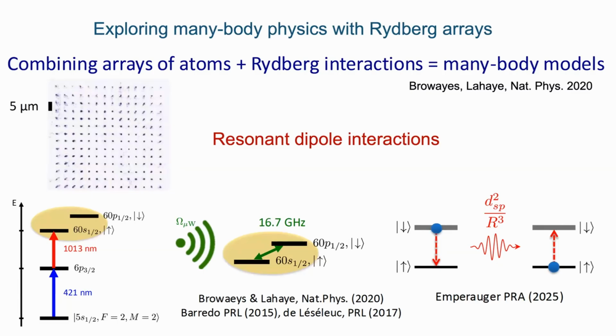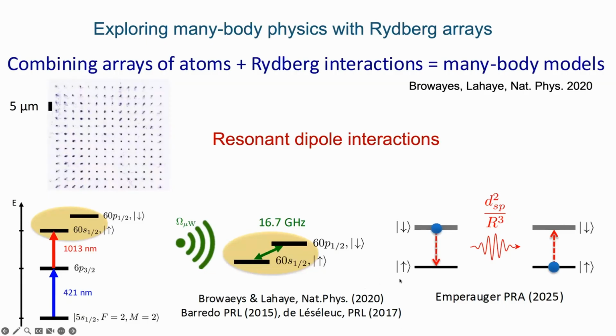The type of Rydberg physics we're looking at is not going from the ground state to an excited Rydberg state, but rather between two highly excited states, where one has L equals 1 and the other has L equals 0, so there is an electric dipolar element between them. Because the size of the orbitals is so large, it's a very strong dipolar interaction. So at distances even of 5 micron, there is huge dipolar interaction.